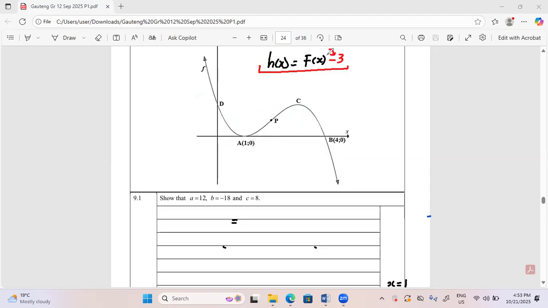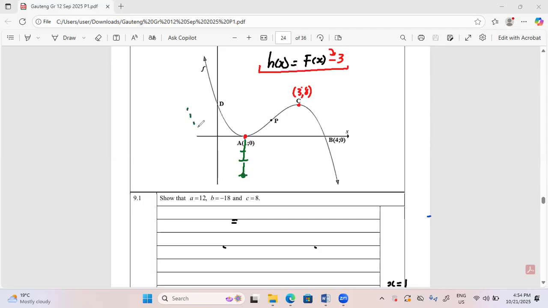So what will be the turning point of h? The turning point of f is 1 and 0, and another turning point of f is 3 and 8. But now, if we shift f 3 units down, the turning points will now be somewhere here.